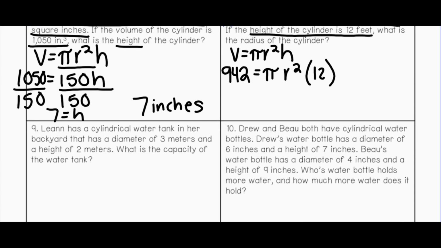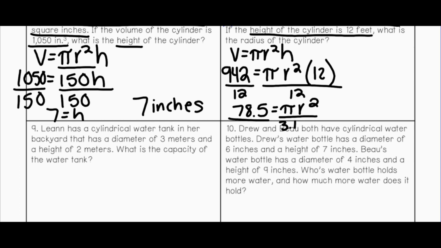In order to do that, we're going to divide each side by 12 first to eliminate the height. 942 divided by 12 is 78.5 equals pi r squared. In this situation, we're going to divide both sides by 3.14 to eliminate pi.